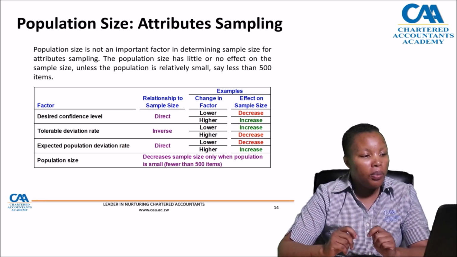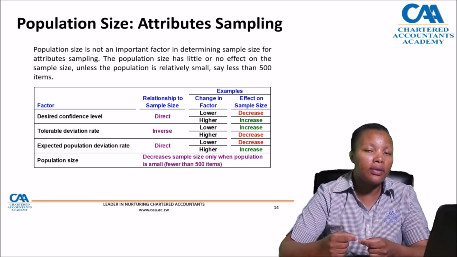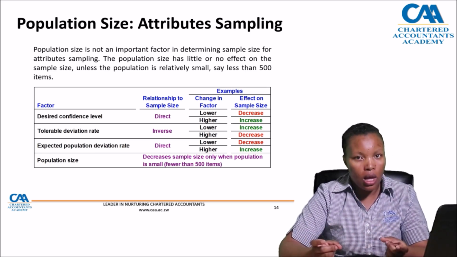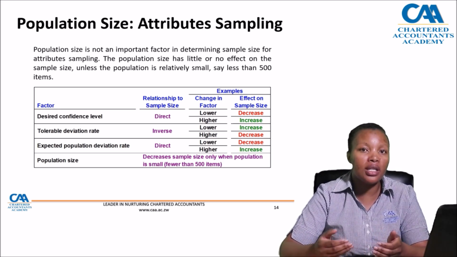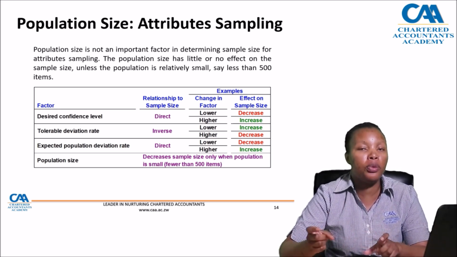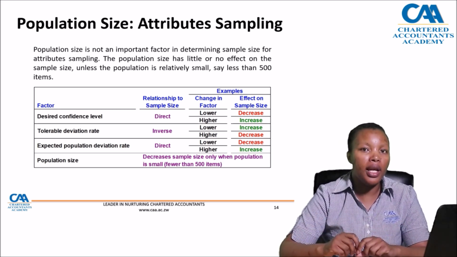The population size has little or no effect unless the population is small, and a small population is defined as 500 or fewer items. That is when the population size will have an effect on the sample size.